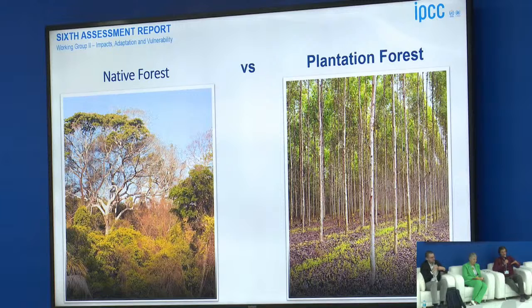So if we shift from afforestation to reforestation and ecosystem restoration, which is something that the Working Group 2 report talks about as a good thing, both for adaptation and mitigation, we still need to be very careful when we're talking reforestation. Where are we planting these trees and what kinds of forests are we restoring? So on the left here, you see an image of a native forest.